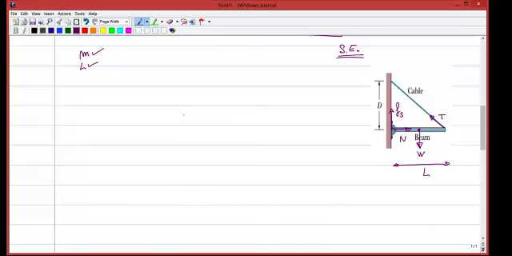A common mistake here is to consider beam and cable as one system, and so people start to consider forces here. If you consider the beam as your system, there's nothing to consider there. All right. We are going to need an angle. So if we consider this as alpha, we can express alpha easily by geometry, arctangent of g divided by L.